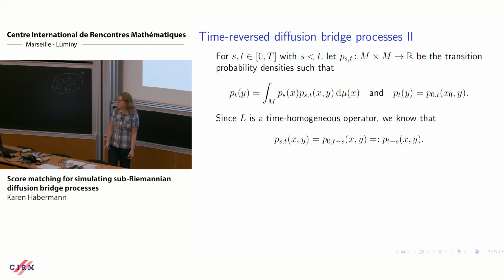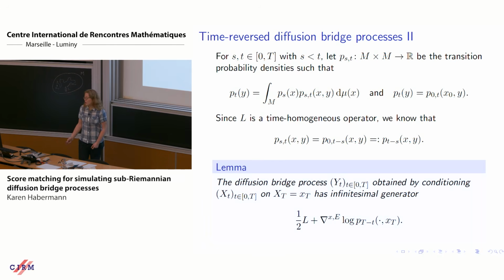So there is this nice homogeneity as well for these heat kernels. And now, using these heat kernels, one can actually write down the generator of the associated diffusion bridge.